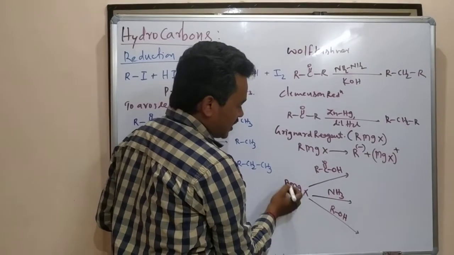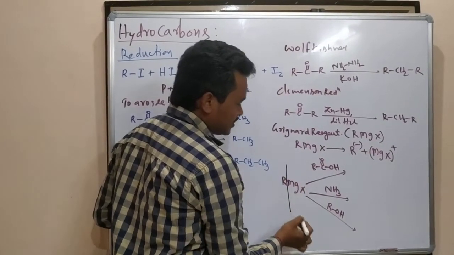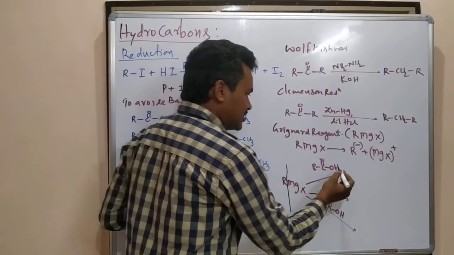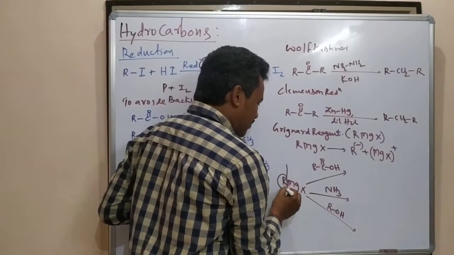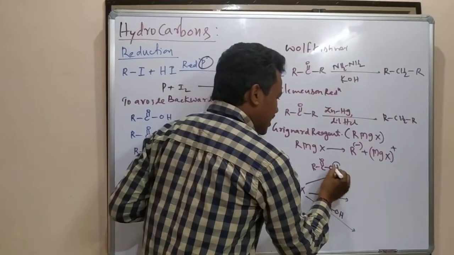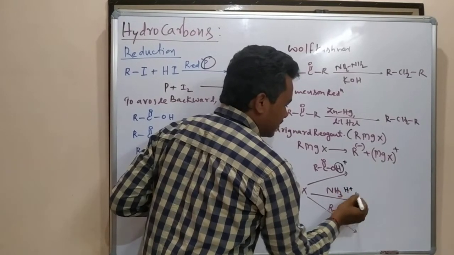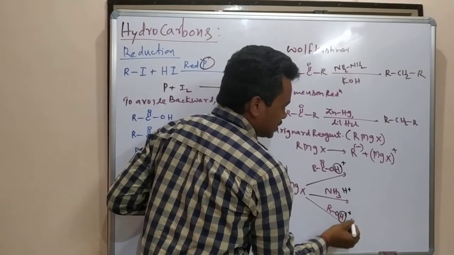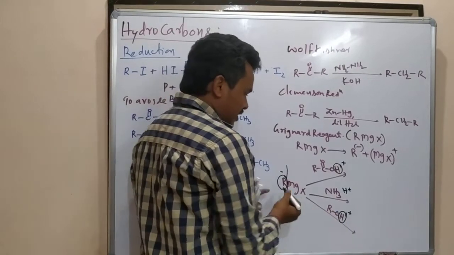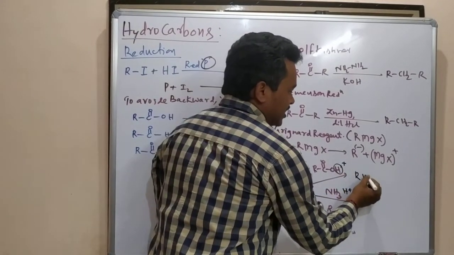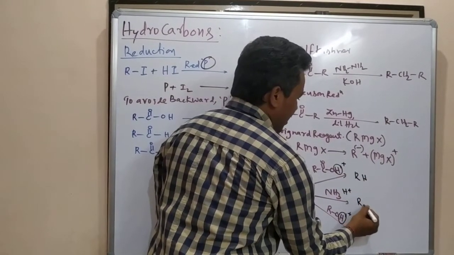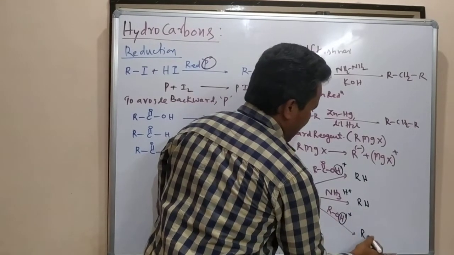How do we break this? R minus, MgX plus, and this R minus combines with this H plus. Here also one H plus will come from this, and here also. So what is the product here? R and this H, so RH is our alkane. Here also RH, the common product.